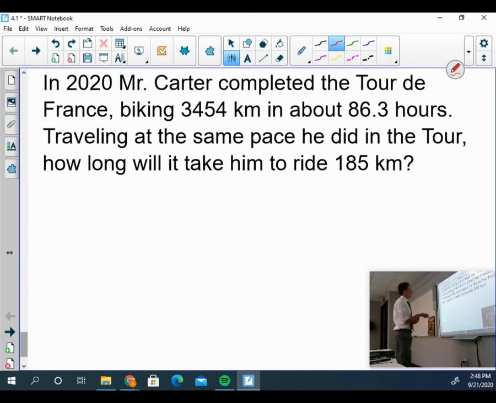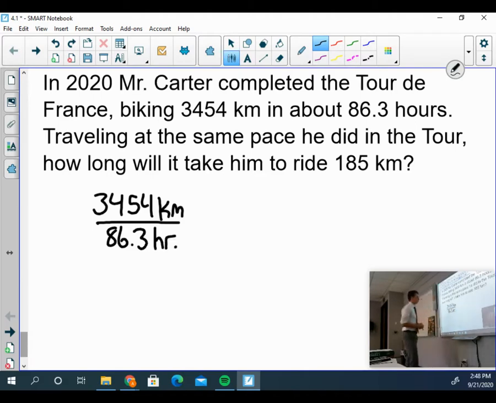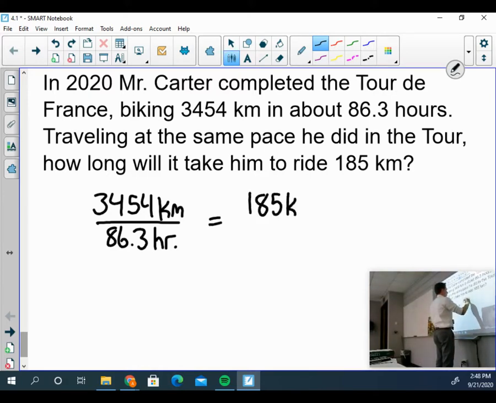Well, what's the first ratio they give me? I'm told that I'm biking 3,454 kilometers in 86.3 hours. And I want to know how long it'll take me to ride 185 kilometers.